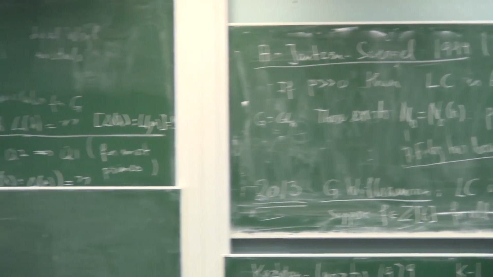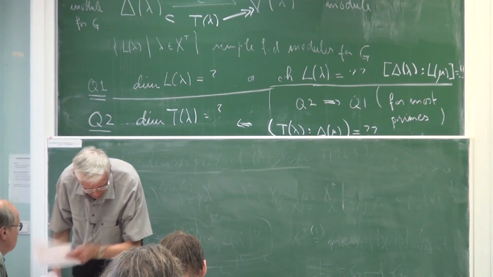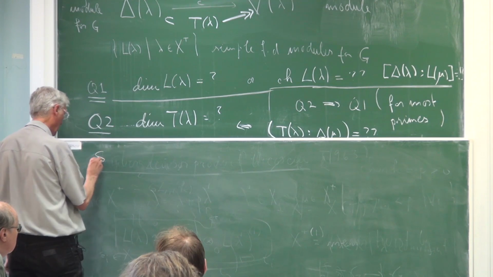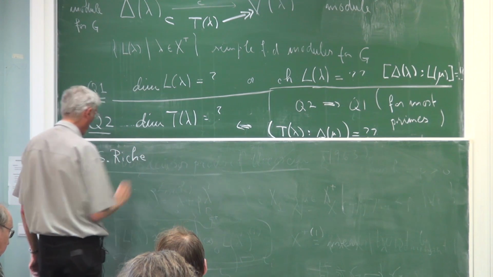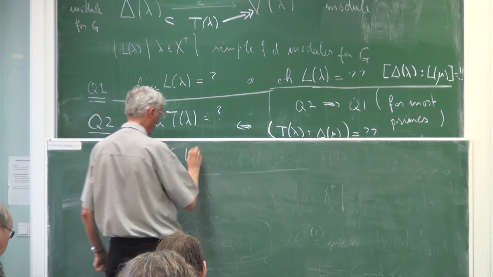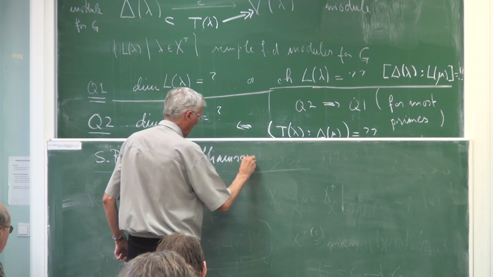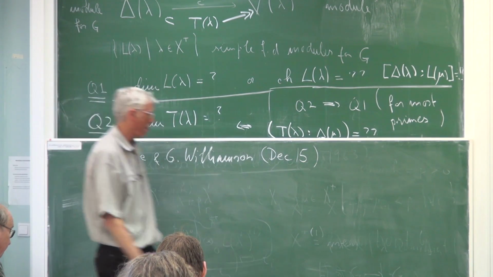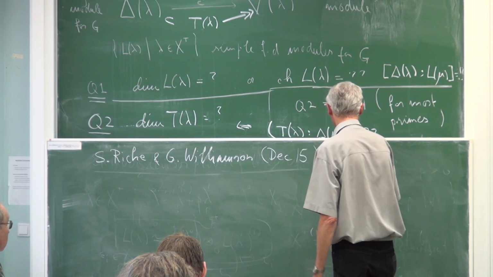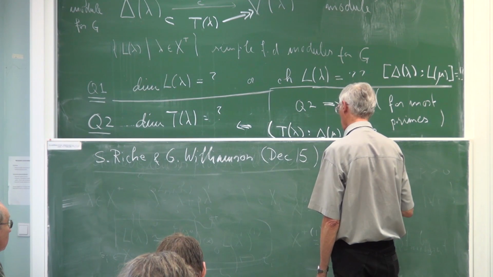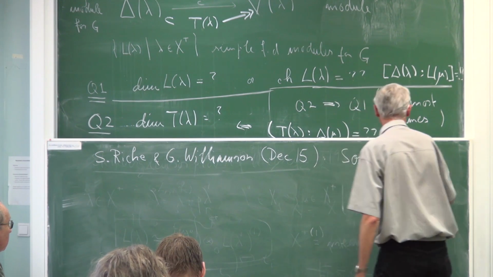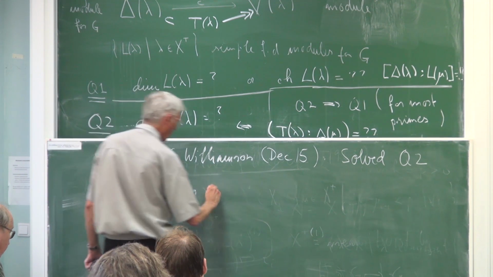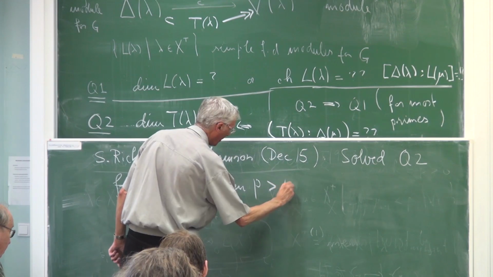Let me make sure I do get to tell you this: a young French mathematician, Riche, and Geordie Williamson, put on the archive in December 2015 that they solved Q2 for G equal to GLn when p is bigger than n.